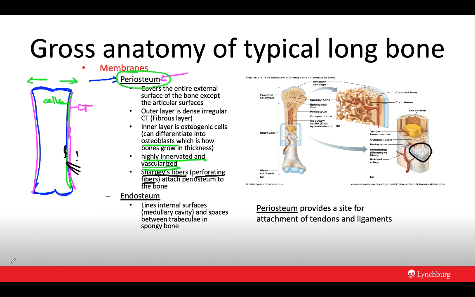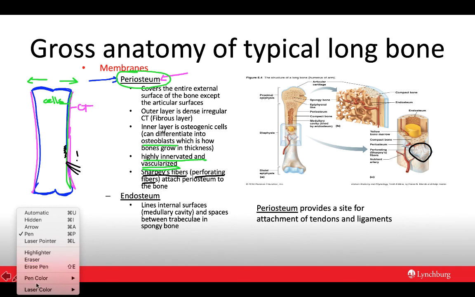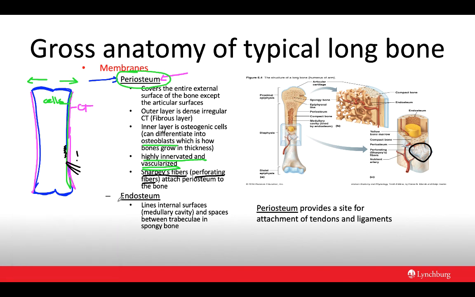And then the second type of membrane that's involved is the endosteum. And so endosteum is basically going to be lining more internal surfaces. So if you remember, for these long bones, we had this medullary cavity on the inside. Well, the endosteum is going to be lining that internal cavity, that medullary cavity.